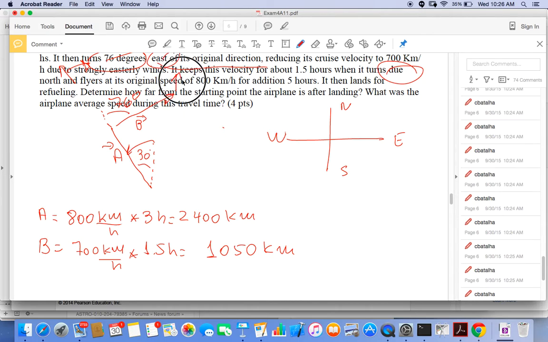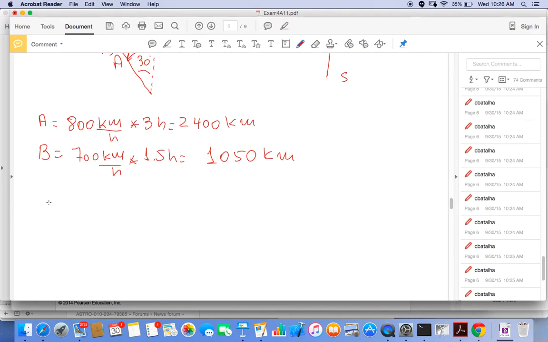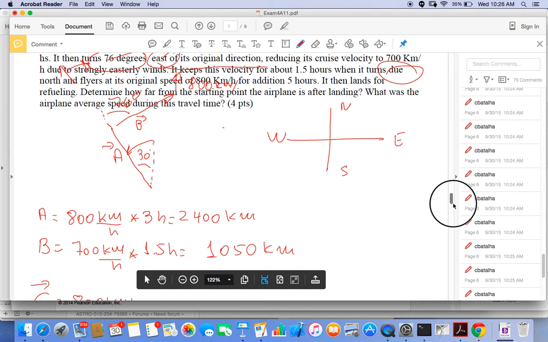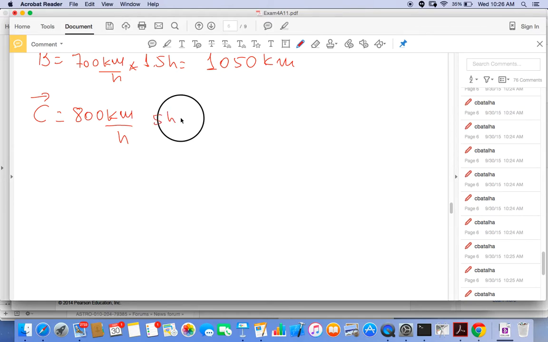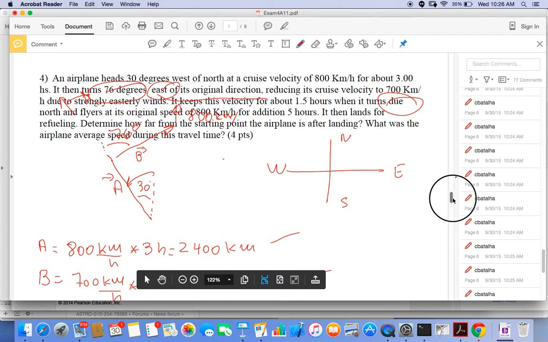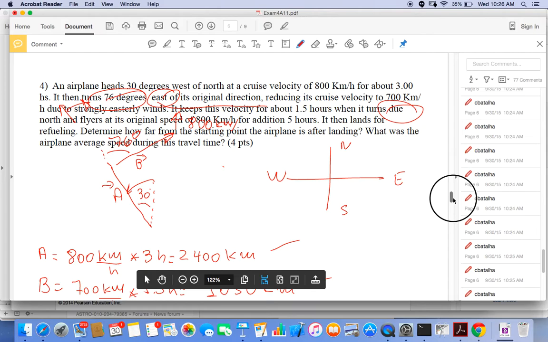So you go like this, and go the original 800 kilometers per hour, and then I have my vector C that way. My vector C is 800 kilometers per hour for 5 hours. So this is a total of 4000 kilometers. Okay, so I'm putting here the distance it went through, and then the questions: how far from the starting point is the airplane after landing? What was the average speed?